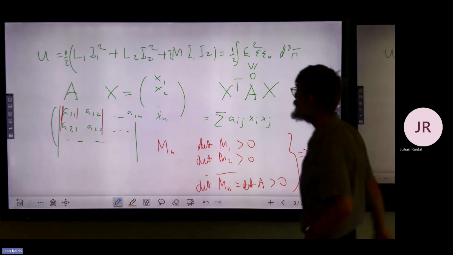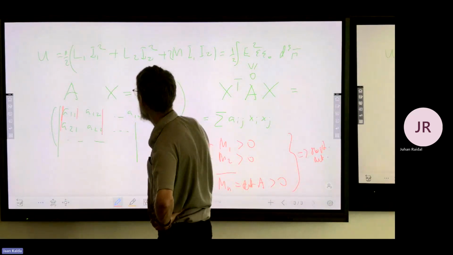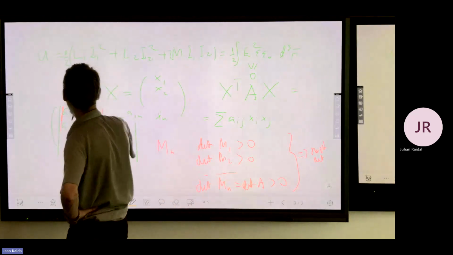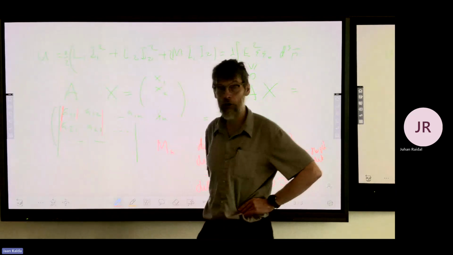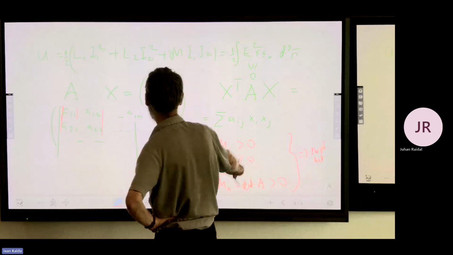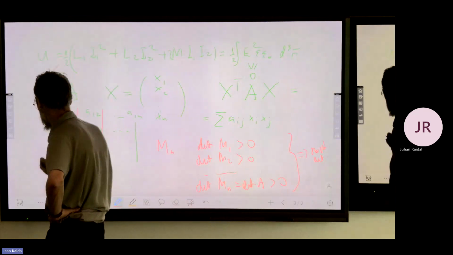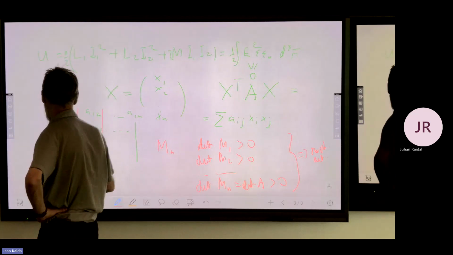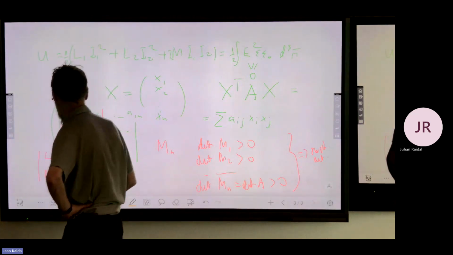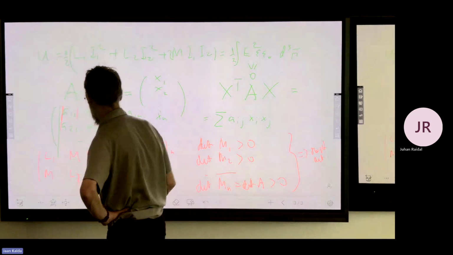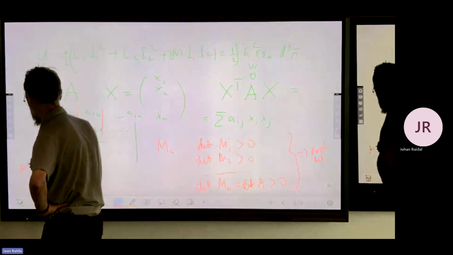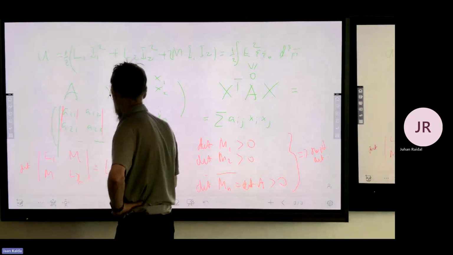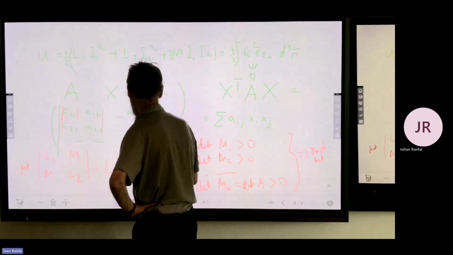And so we have now our requirement: L1 is positive, right? No problem with that. We just need to check the determinant. We have the determinant of L1, M, M, L2, that equals L1 L2 minus M squared.